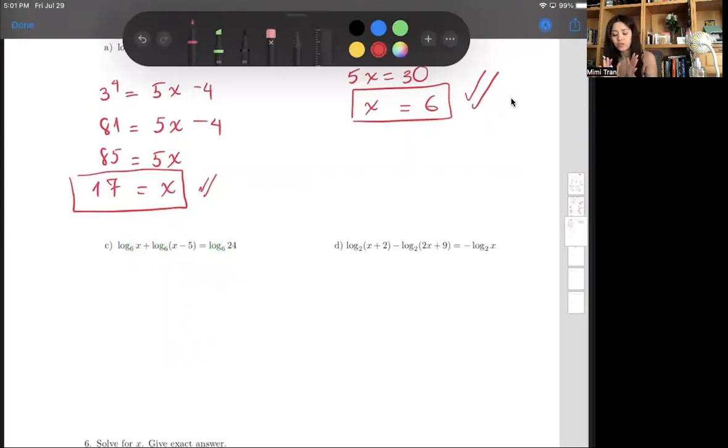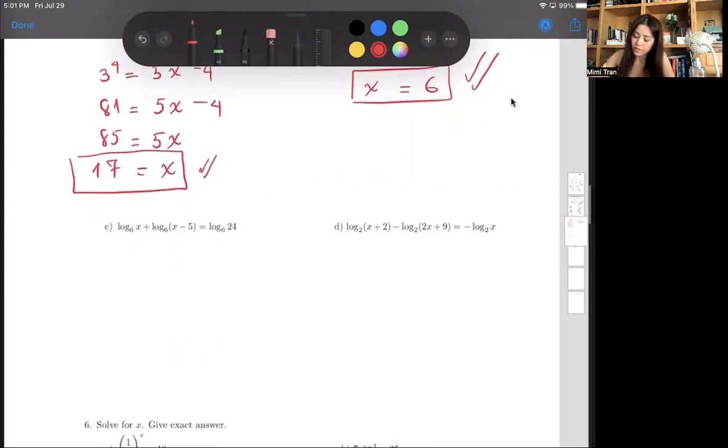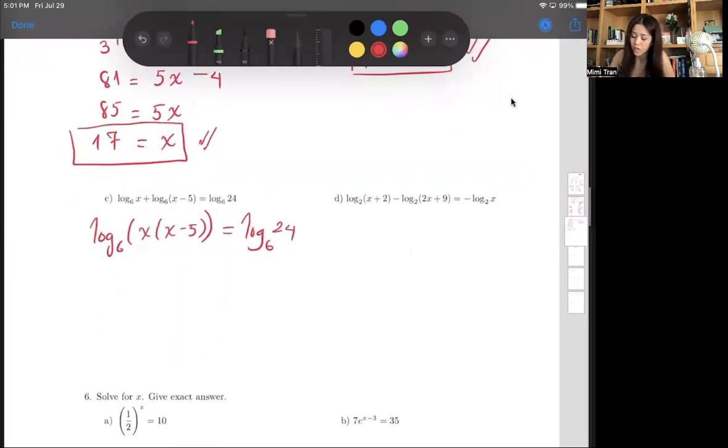You're only allowed to cancel if you have a single log on the left and a single log on the right. If I combine the logs on the left, that will be the product rule, so it will be log base 6 of x times x minus 5 equals, rewriting this, log base 6 of 24. Now you can cancel both sides, right?